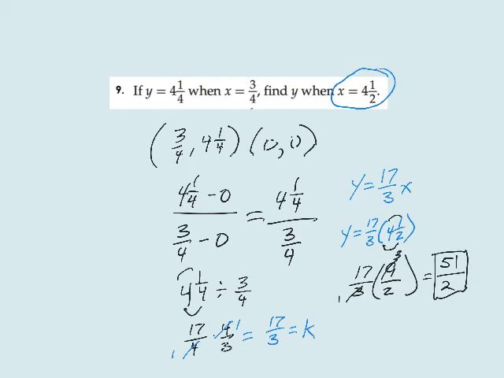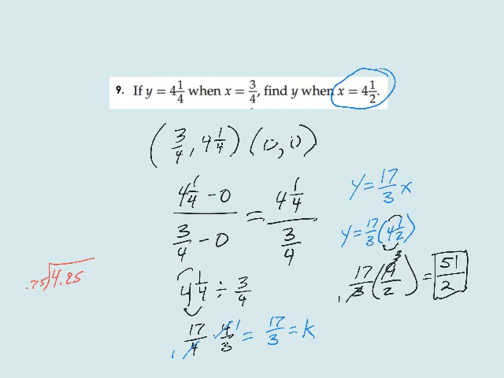By the way, you could have done this as decimals. So instead of 4 1/4 divided by 3/4, it could have been 4.25 divided by 0.75, which I think is harder, but of course you have a calculator.